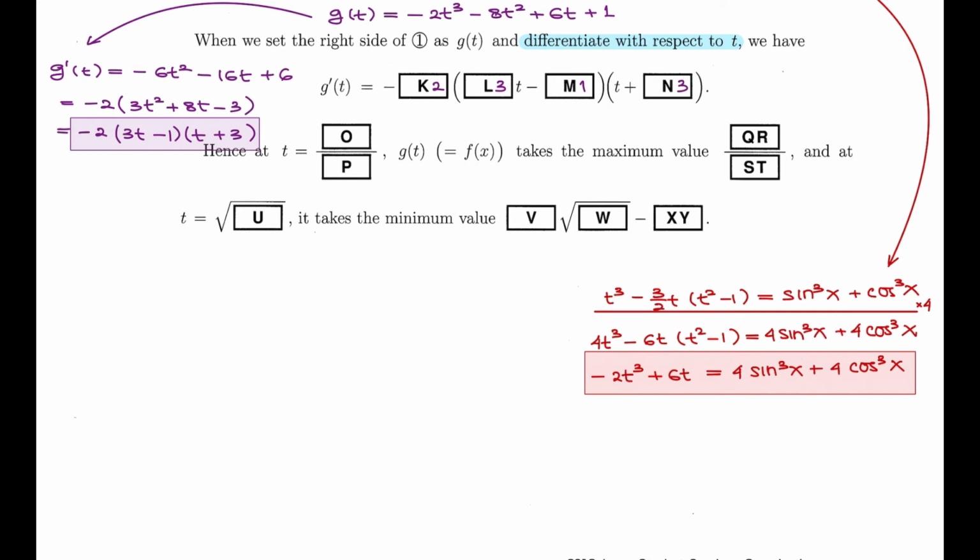The final question is, hence at t equals to blah blah blah, g of t, which is equals to f of x, takes the maximum value blah blah blah. We want to find the maximum value of g of t.